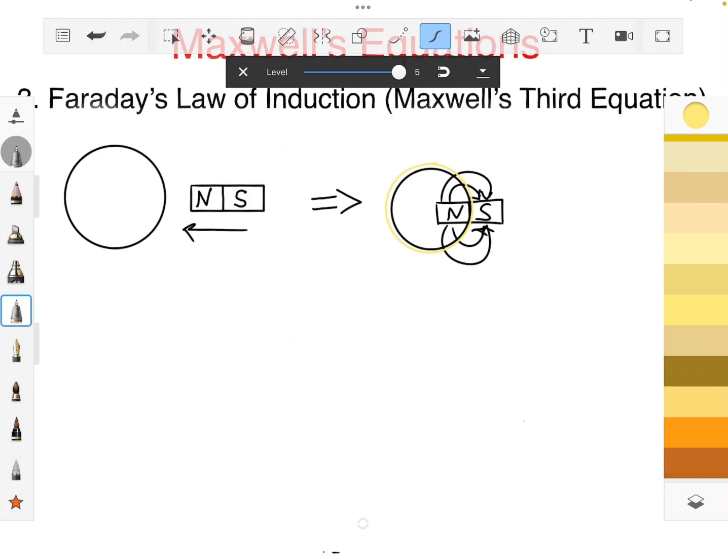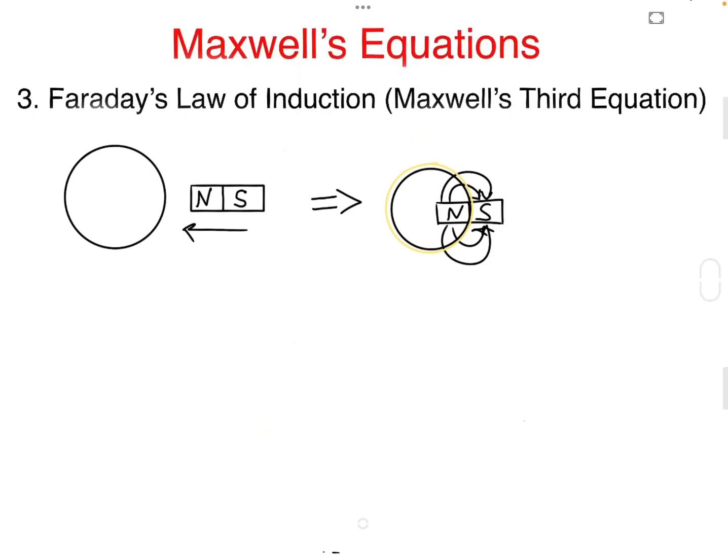Now it has this induced electric field that's due to this magnet. So now what happens is that the electric field pushes electrons, and that creates a current in a specific direction. Let's say in our case it's clockwise.